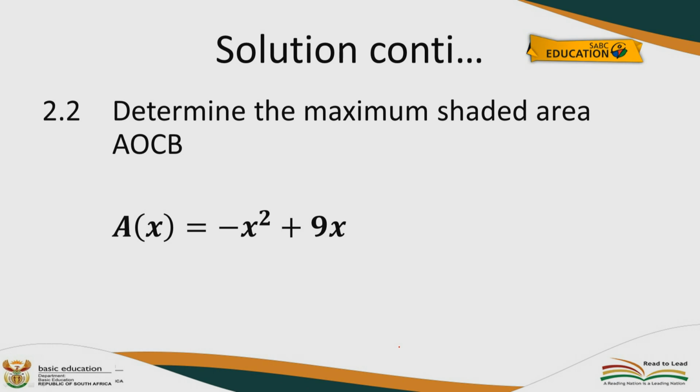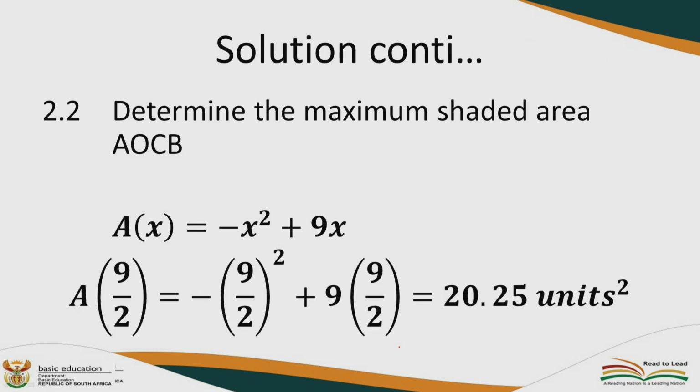Now, we are going to replace x with a value of x that will give us maximum area. And that value of x we found to be 9 over 2. So we replace x with 9 over 2, and we find that our maximum area is going to be 20.25 units squared.